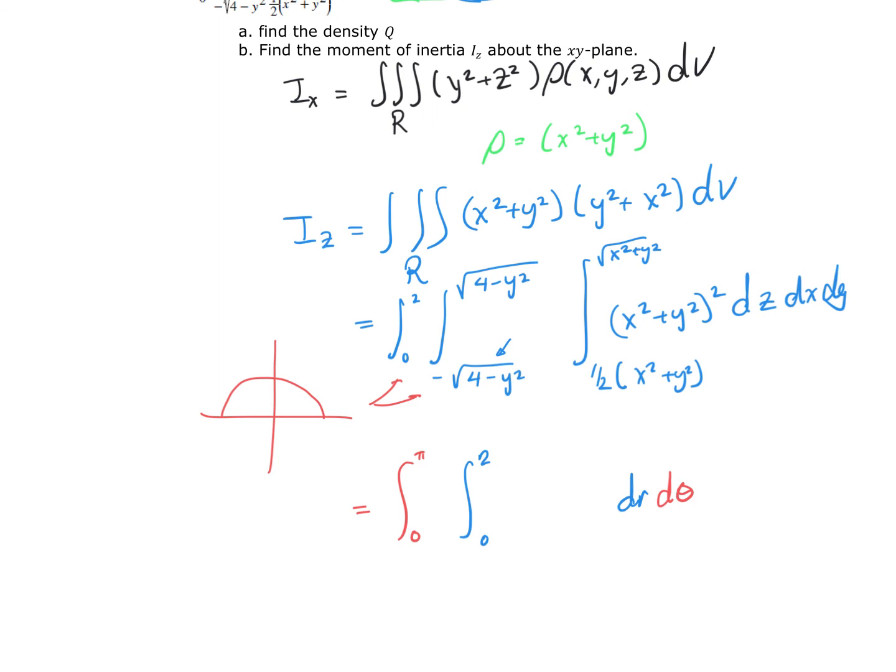Well, for my z, I look at this. This lower bound, because x squared plus y squared is equal to r squared all day long, goes from 1/2 r squared. So that's going to be my lower bound, 1/2 r squared. This is my upper bound. This is just r.